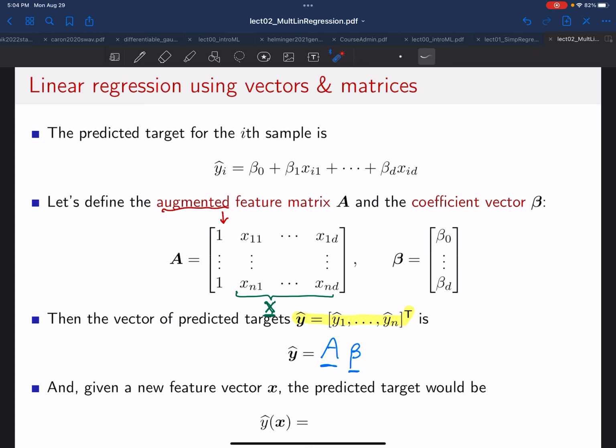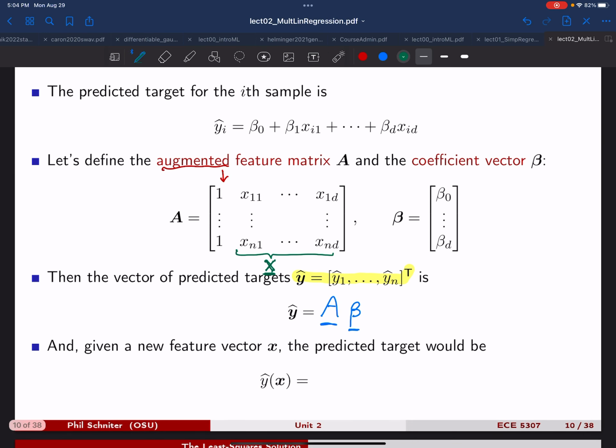Okay, so this is the prediction on my training data. But that's not all I care about. What I actually really care about in the end is once my model is trained, someone's going to give me a new X I've never seen before. It's not in my training data, and I want to apply my model to that. So this is that new X. This is how I'm going to write the prediction on that new X. And similar to what I did above, I'm going to make a row vector that's going to have a 1, and then it's going to have X transpose, and it's going to multiply that times my beta vector.